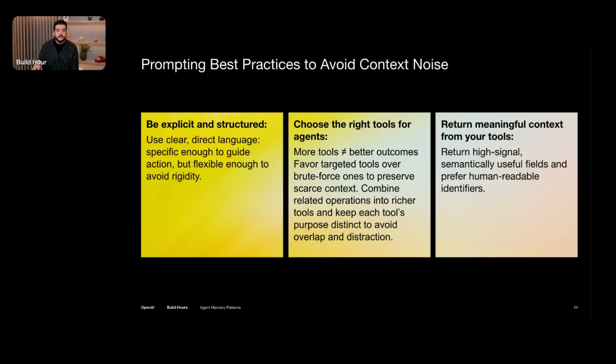So favor targeted tools with clear tool decision boundaries, and then return meaningful context from your tools. In the demo, you showed that specific example of context burst. So we suggest you control what the tool output is, and then return high signal, semantically useful fields, and prefer human-readable identifiers.